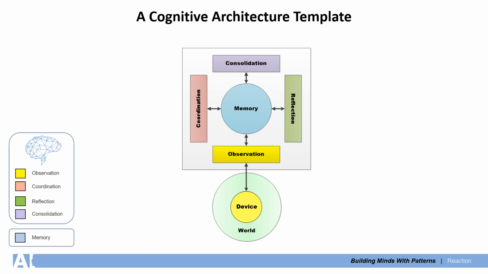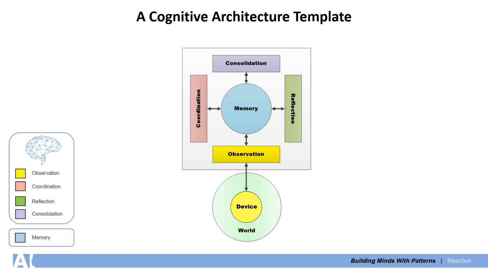We now present a generic cognitive architecture template. In essence, a cognitive architecture is a blueprint for an artificial mind. Here we see areas for observation, coordination, reflection, and consolidation, as well as the device situated in the world. In this template, we can see a device situated in a real or virtual world. This device communicates with a cognitive system through observation components, which store input from the device into the system's memory.